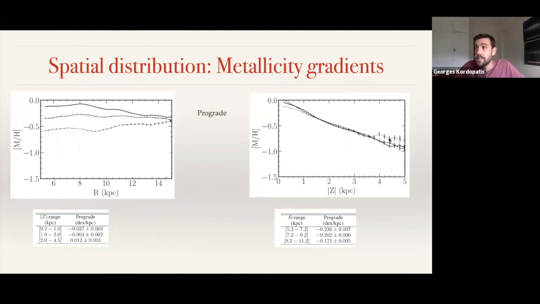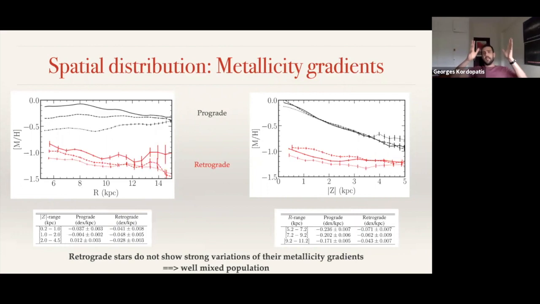Let's now see what's happening for the retrograde stars, okay? And this is what we see. So you see that the gradients are different than for the prograde stars, whether it is the radial gradient or the vertical gradient, and that they do not change as a function of Z here or as a function of R here.